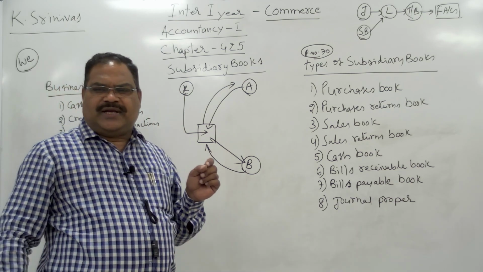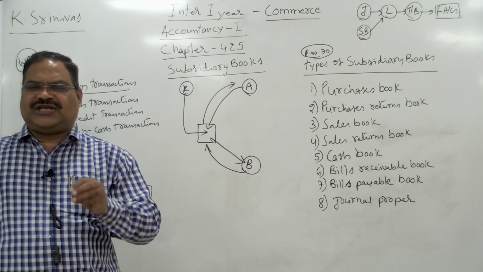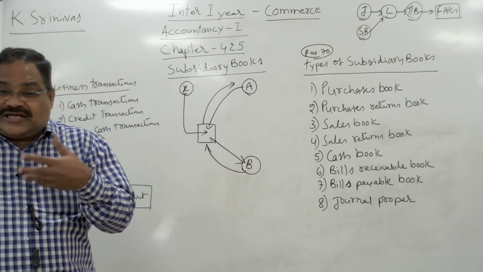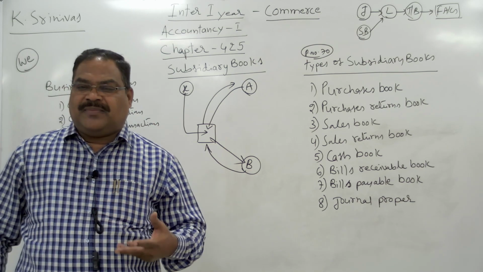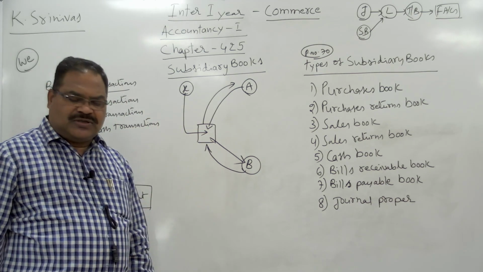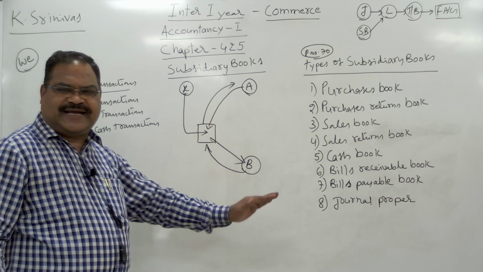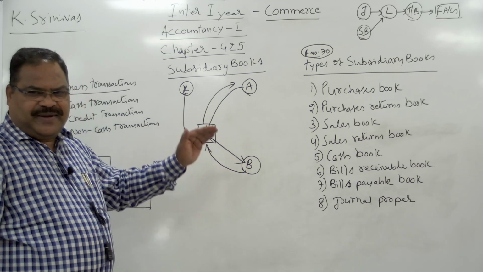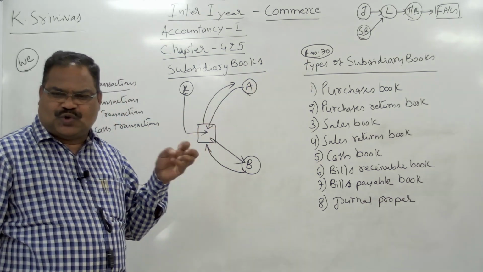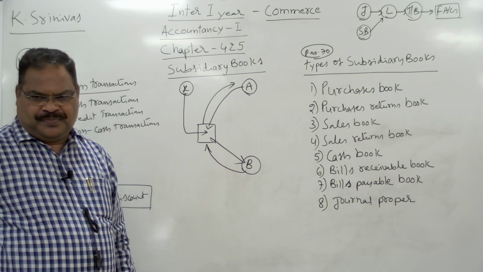So what I mean to tell you is, in a cash transaction, first cash is paid or received. Later, the next aspect comes into the picture. Here I have explained purchase on cash and sales on cash. When we purchase goods on cash, we have paid and we have received goods. Goods are coming into the business, into the firm.